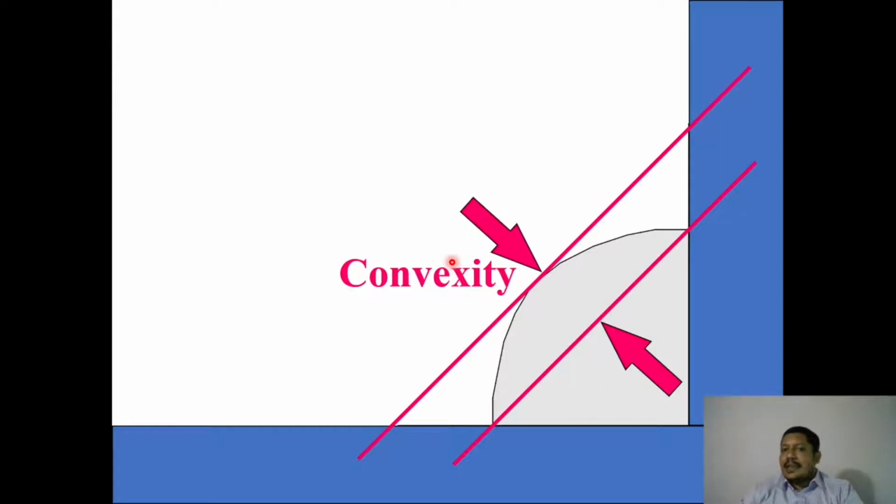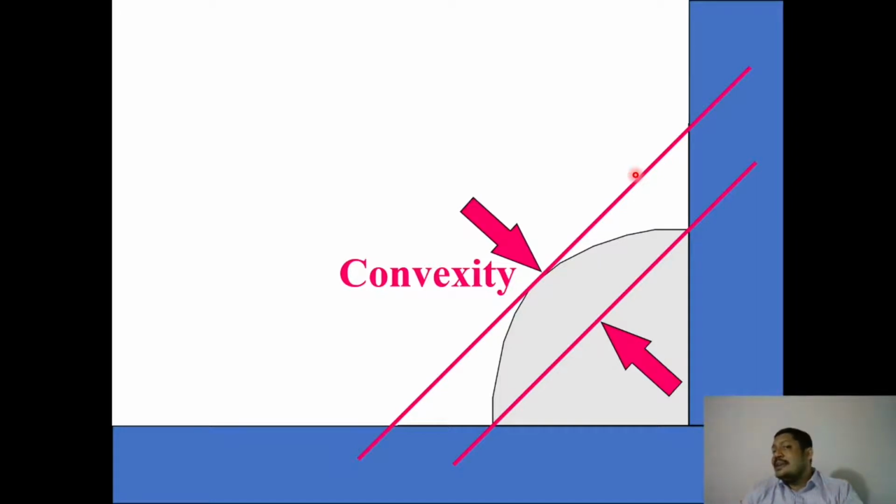The same is the case with convexity. The weld has to end in this profile in a groove, but you can see it has exceeded by a distance on both sides, and the shape is changing. That is called convexity.